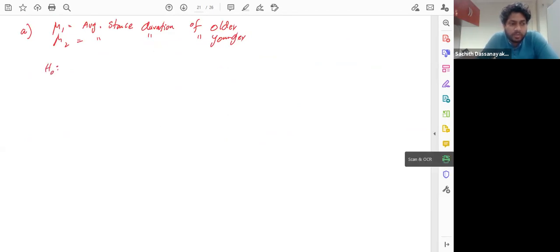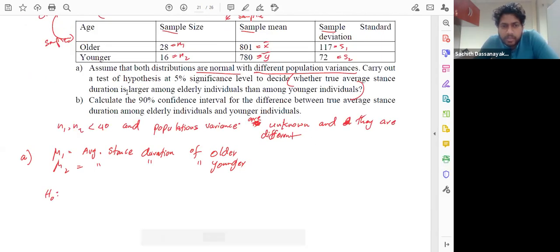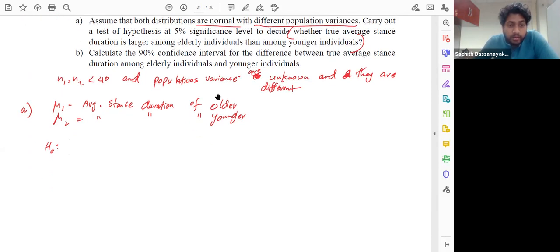What do they ask? Whether the true average stance duration is larger among older individuals than younger, which means mu1 greater than mu2. So HA is mu1 greater than mu2, according to my assumptions, where mu1 is for older and mu2 is for younger. So mu1 equals mu2 for H0.